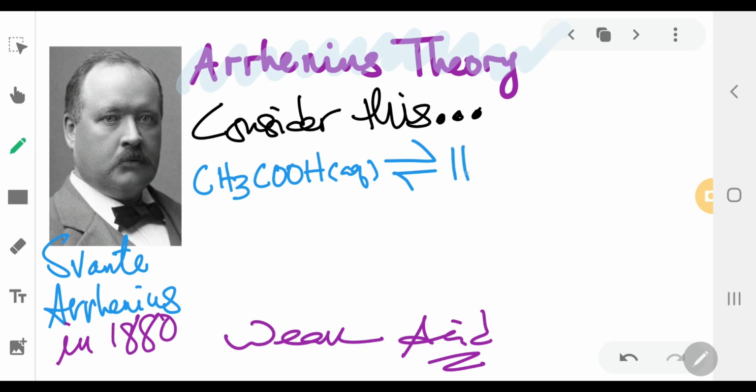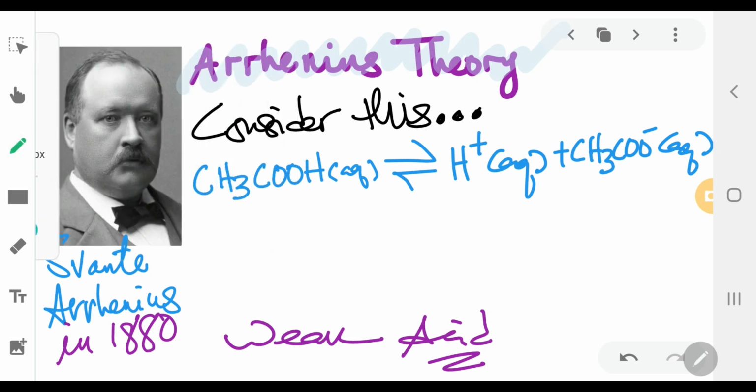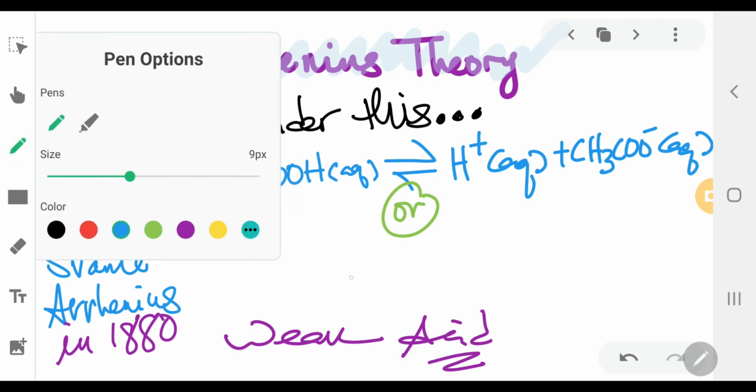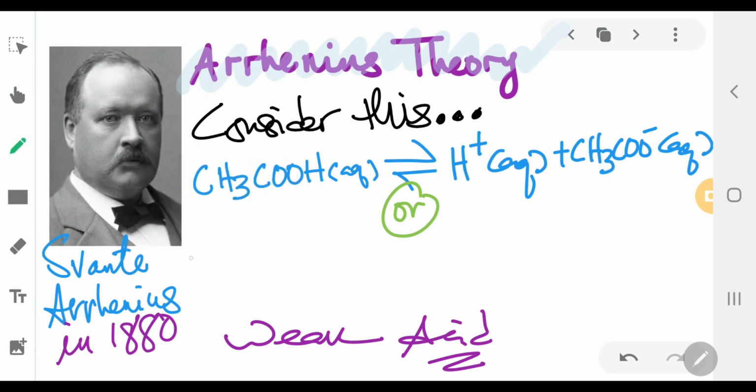You're going to have H plus produced because this is based on Arrhenius. And you have the CH3COO minus species as well. If you want to write that with the presence of water in your equation, you can do that as well, just like what we have done with HCl.